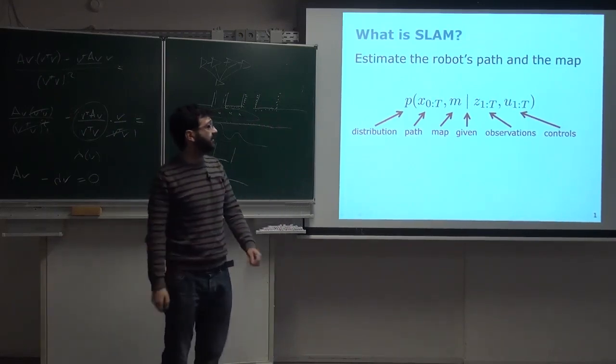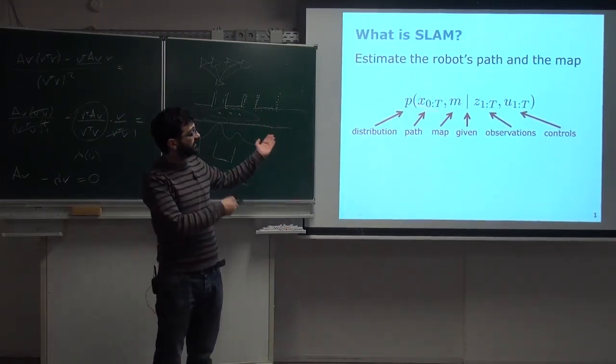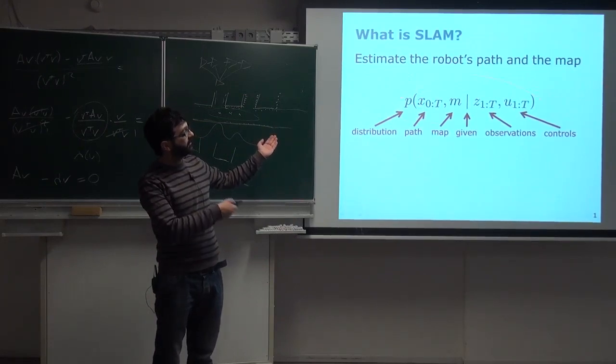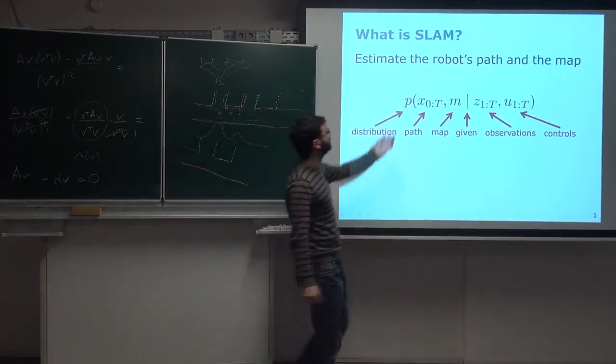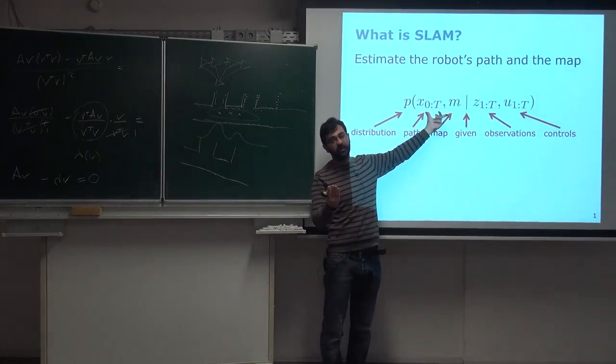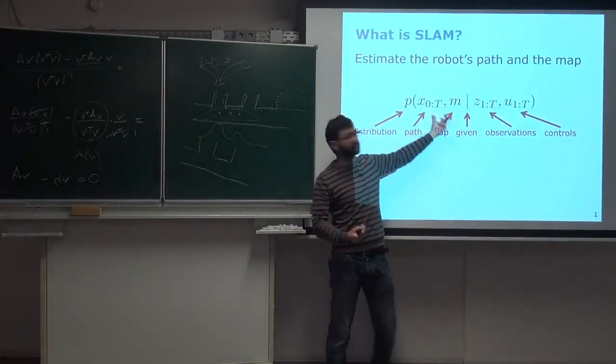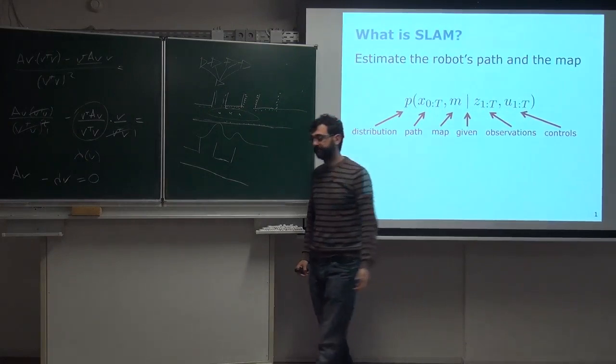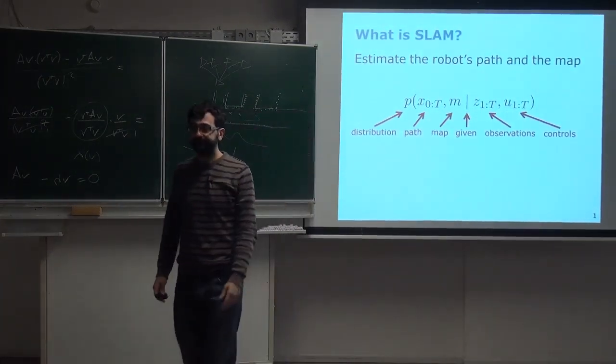And we've seen different ways of answering this problem. I call it a problem because we want to find the posterior, so it's an inference problem. We want to find the posterior information given some data that we acquire.